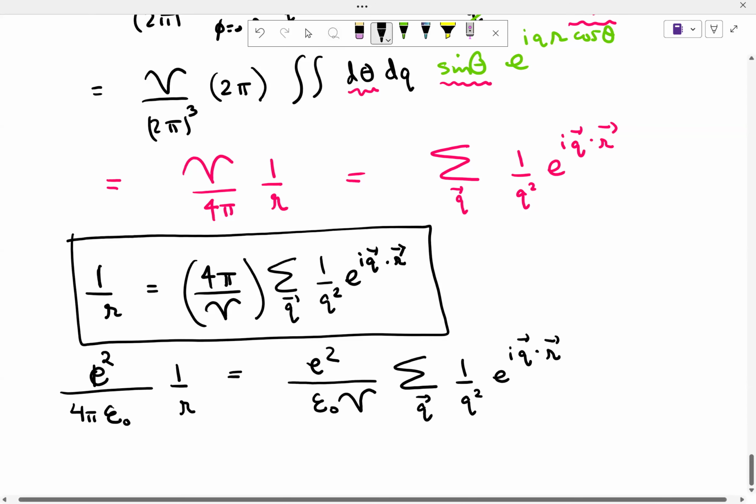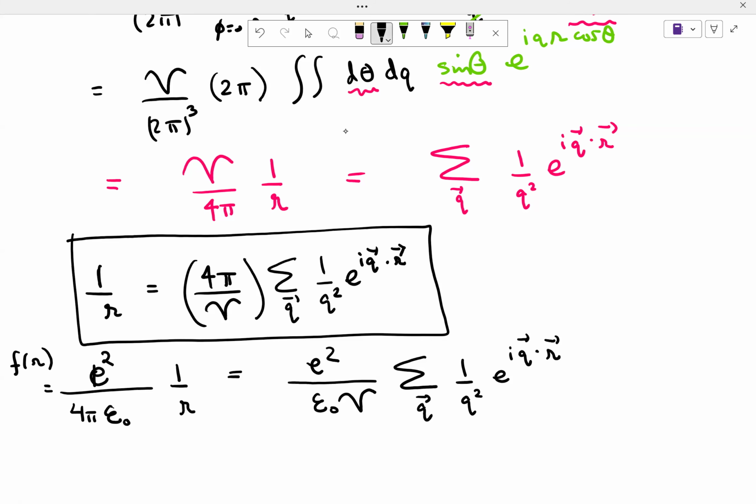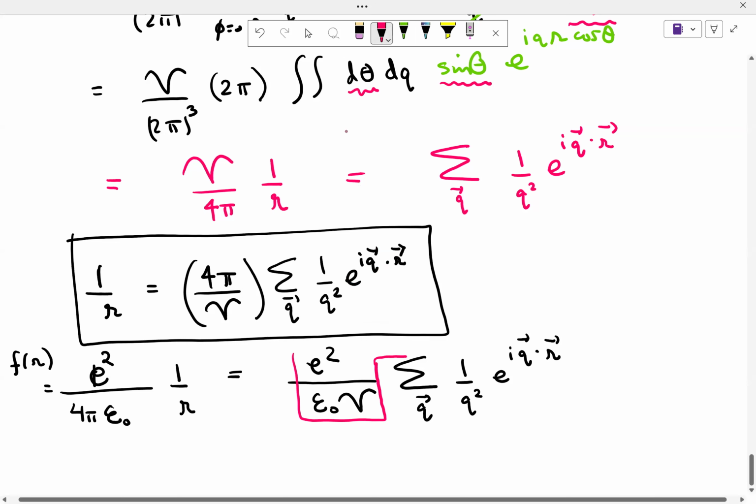So let's compare. This is some function of r, and it readily shows that this term over here is simply the Fourier coefficient. How do I know that?